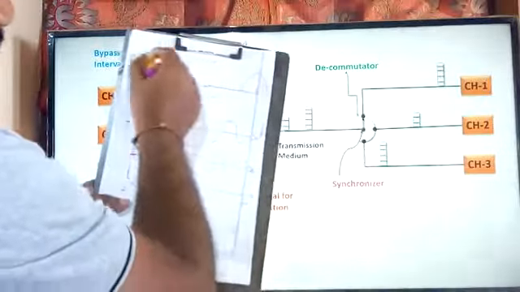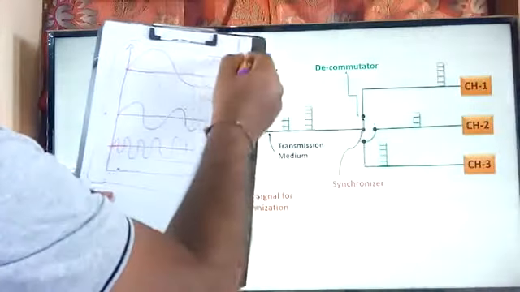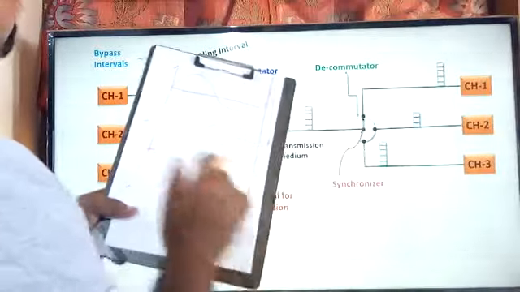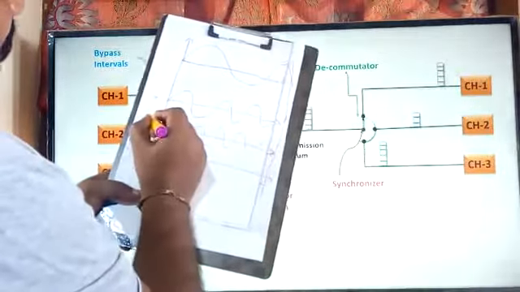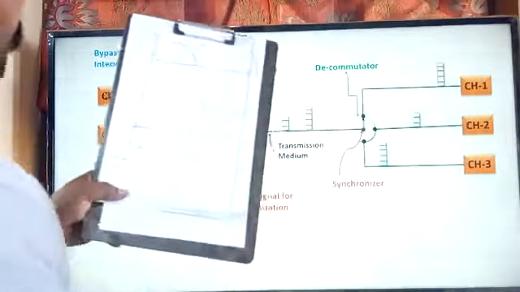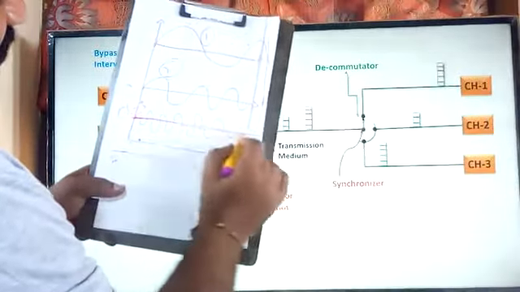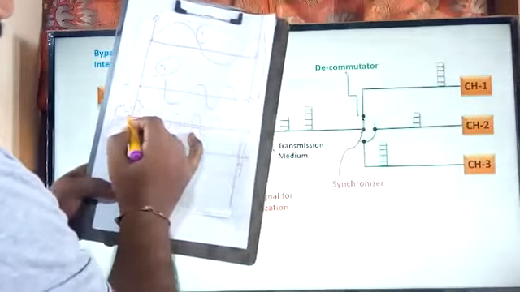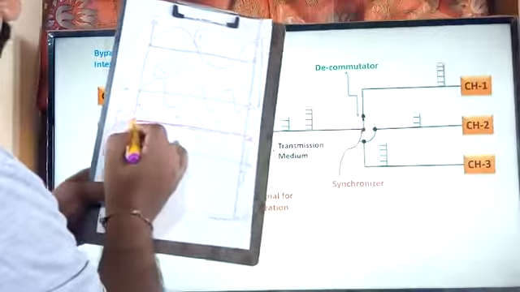So if you see this one, how the time period is going to be allocated, assume that it is channel 3, channel 2, channel 1. Channel 3 is continuously varying, means the amplitude of the channel 3 signal keeps changing within a small period of time.